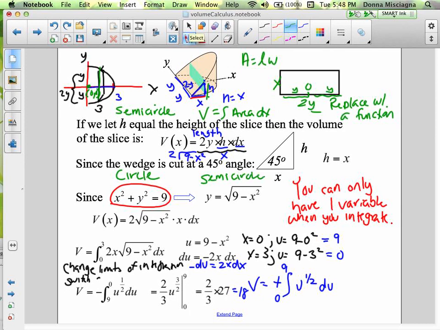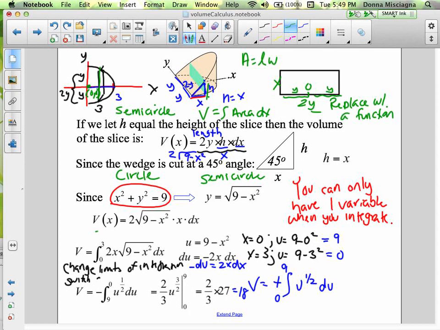So now we're going to replace the y, which was just some y value from some function, with the equation that could represent the y. Right? So I figure it out in terms of x's and y's, and then I sit back and I say, what function is going to represent my y? And the function that's going to represent my y here is the function for the semicircle. So I'm going to replace the y there with the square root of 9 minus x squared.